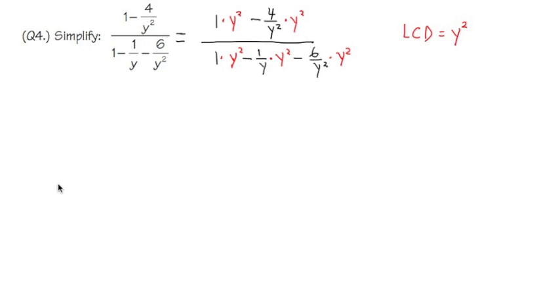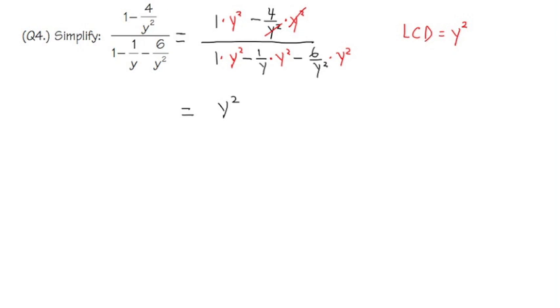All right, and now we're going to work out every part carefully. For the first part, 1 times y squared is just y squared. And we have here minus 4 over y squared times y squared. The y squared will cancel each other out. So this is gone, that's gone.